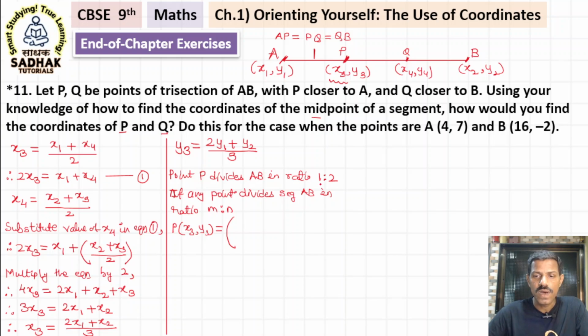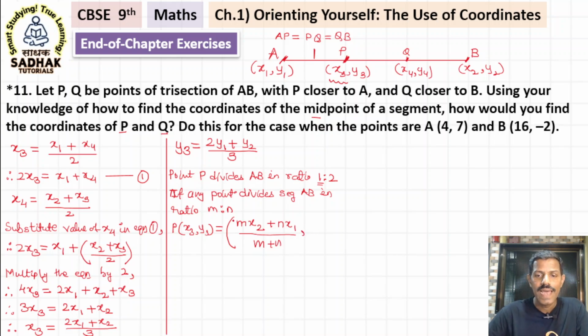this m is 1. See, m is equal to 1, fine. So what are we multiplying this m with? We are multiplying it with the x and y coordinates of point B. So m multiplied by the x coordinate of point B, that is x2, plus n multiplied by the x coordinate of point A, divided by m plus n.